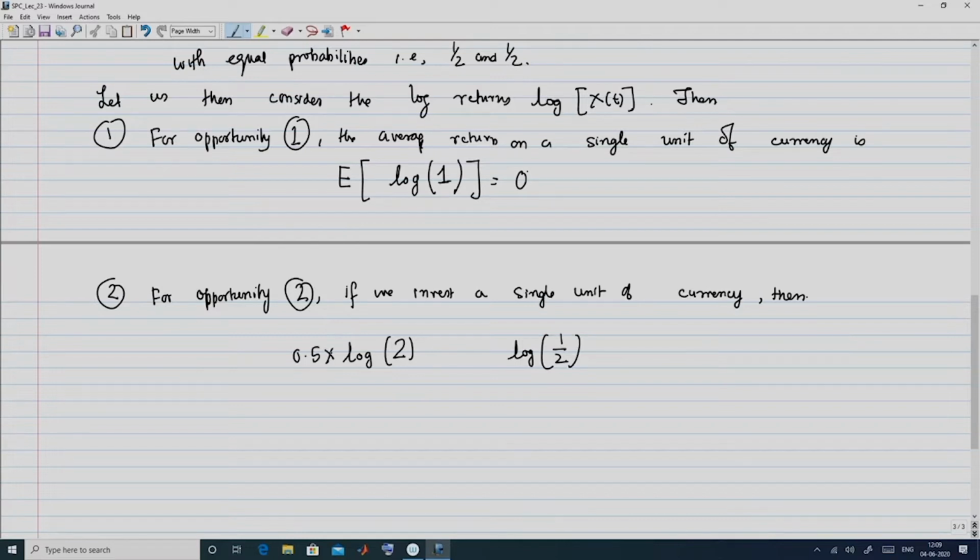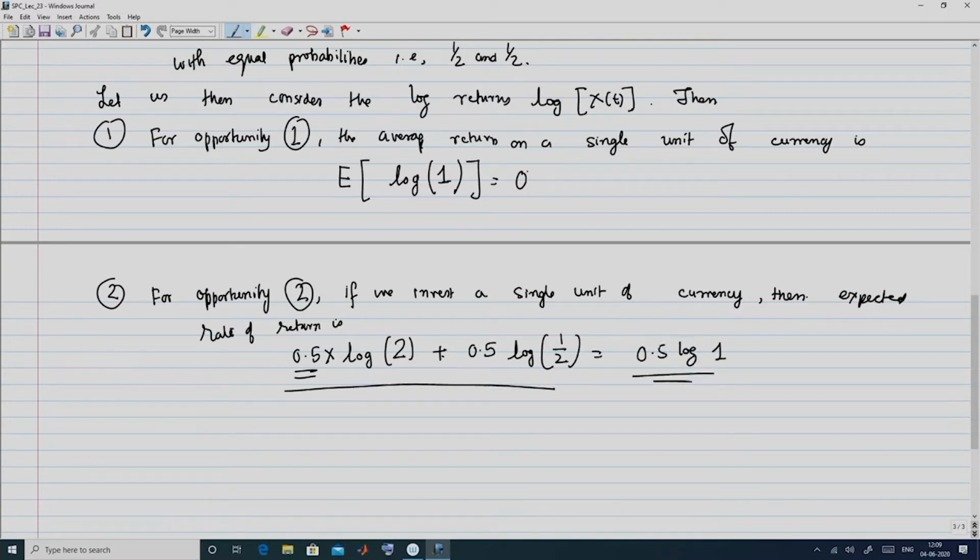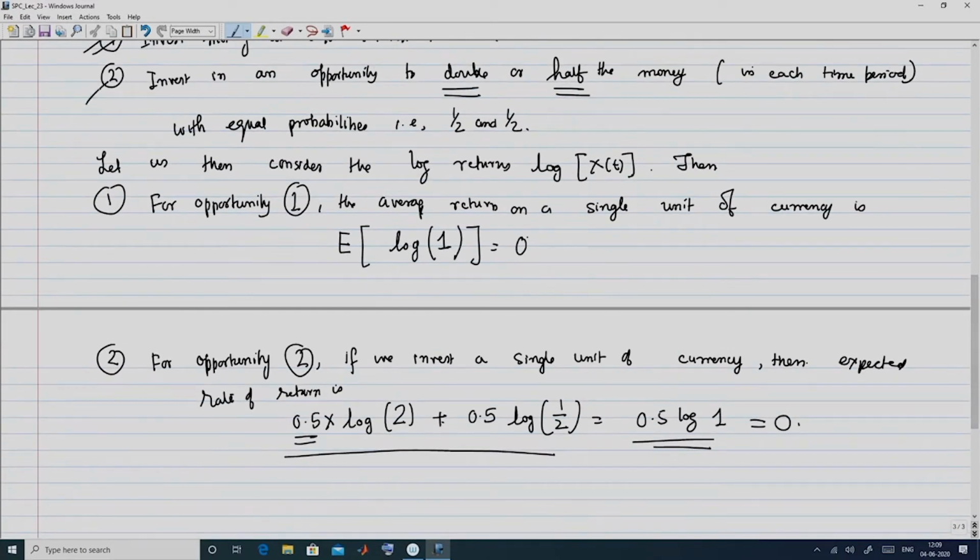So, when you are trying to calculate the expectation, you get half into log of 2 and half into log of half. So, then we can say that the expected rate of return is this expression, and this is nothing but 0.5 of log 1, which is 0. So, this takes care of the second alternative.